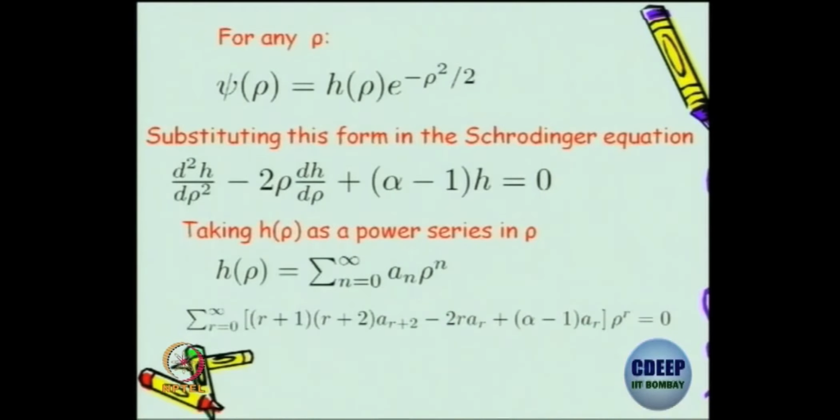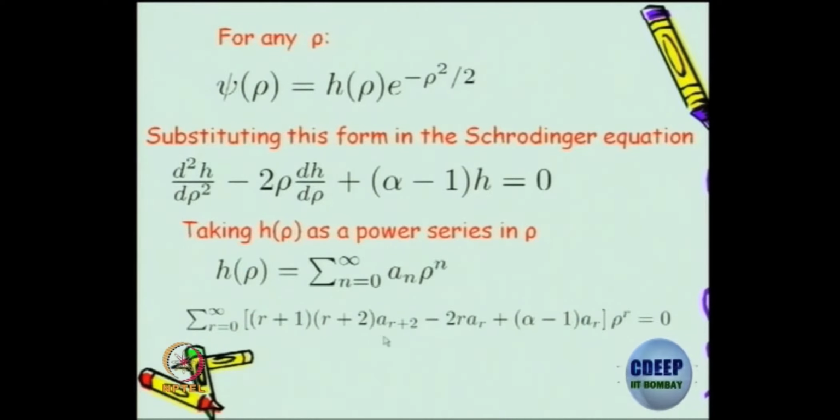This should be the solution for arbitrary rho. So, the square bracket coefficient should be 0 for every power of rho. Just like earlier we did comparing x independent and x squared dependent term for the simplest a e to the power of minus a x squared. Now we are going to do it by substituting in this, which is the most general solution valid for any rho.